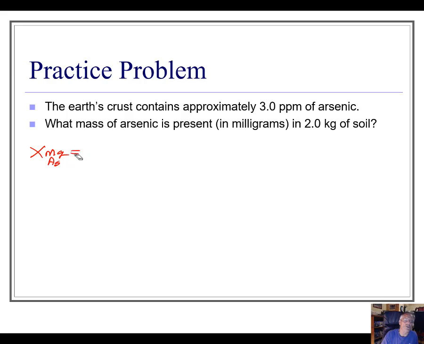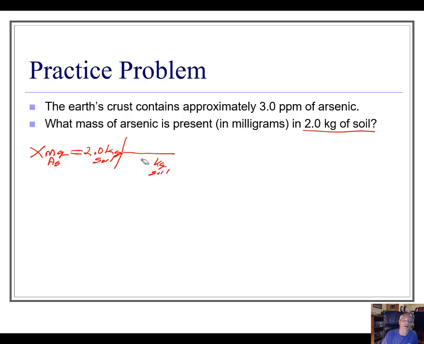I think the Borgias used to be very good at poisoning with arsenic, rat poison. Here we have 2.0 kilograms of soil. It's in the numerator, so I want kilograms of soil here.